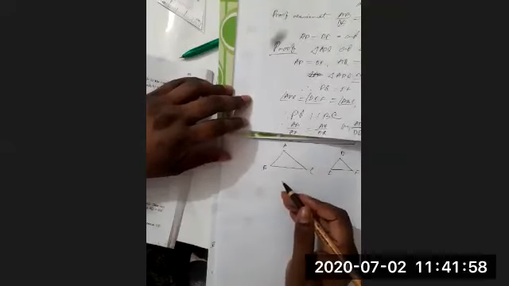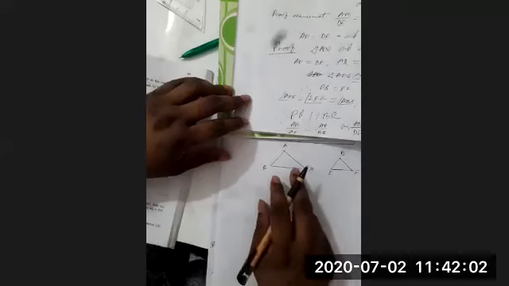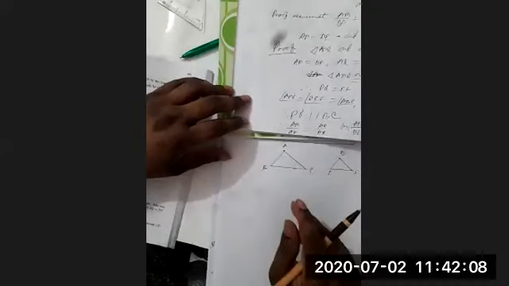Sir, it is given that the angles of the triangle are equal. No. You have to say they are equal, but why are they equal? In triangles ABC and DEF, angle A equals angle D, B equals E, C equals F. Why are these angles equal to each other? Because these two triangles are equiangular.